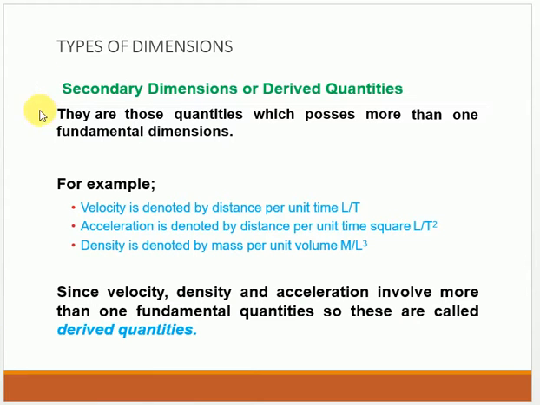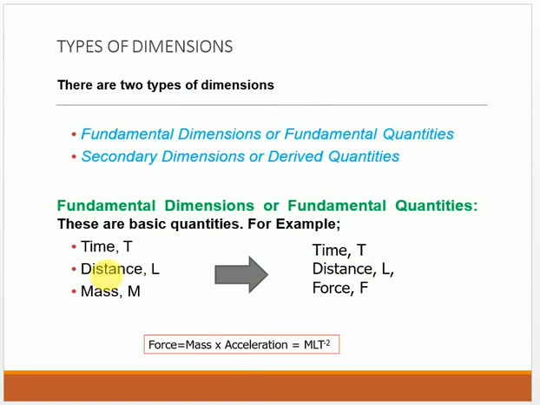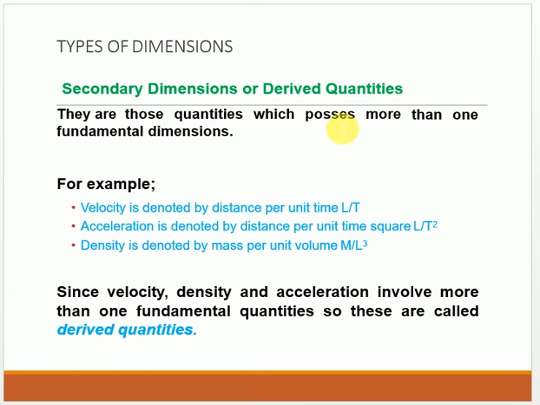Secondary dimensional derived quantities are those quantities which possess more than one fundamental dimension. Fundamental ones like M, L, T have only one, so when it comes to more than one, it has been derived from these physical quantities. For example, velocity is distance per unit time.